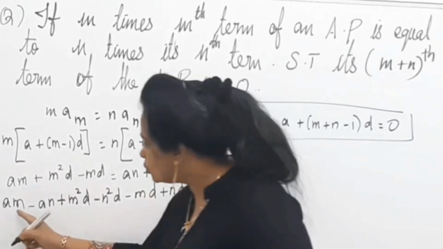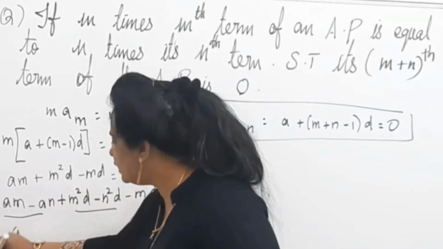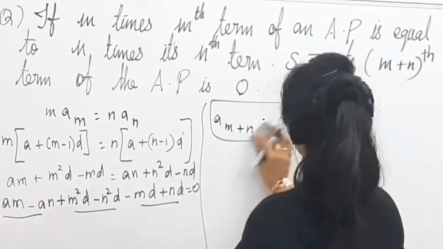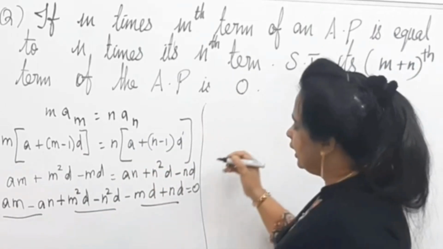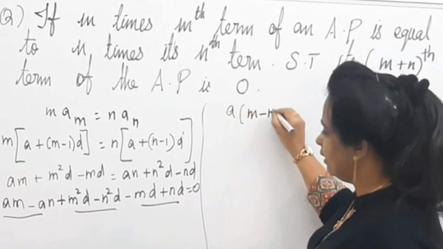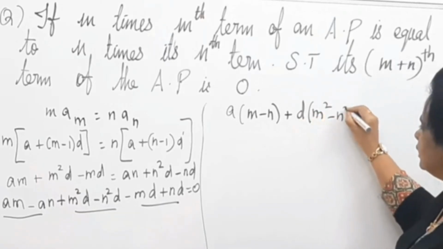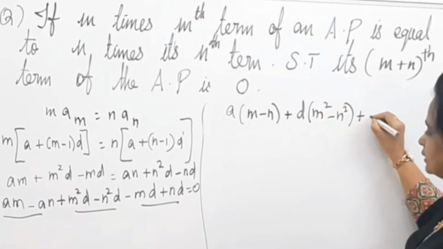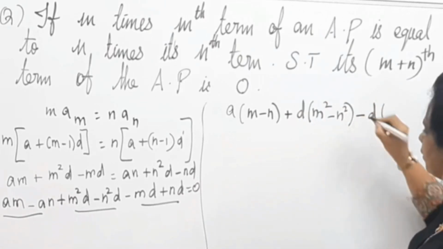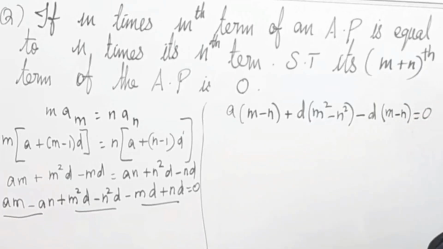Now I will take out common factors by grouping the terms. Here, a is taken outside, so I will have my equation as a(m - n) + d(m² - n²) - d(m - n) = 0.